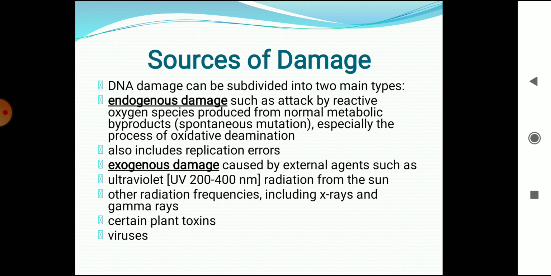It also includes replication errors. And exogenous damage is caused by external agents such as UV in the range of 200 to 400 nm, radiation from the sun, other radiation frequencies including X-rays and gamma rays, certain plant toxins and a few viruses.